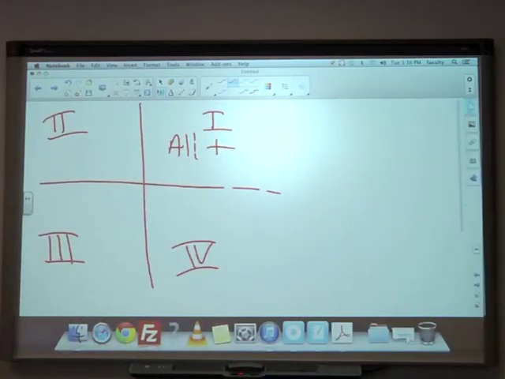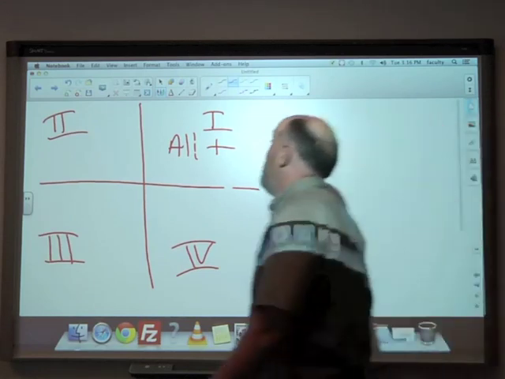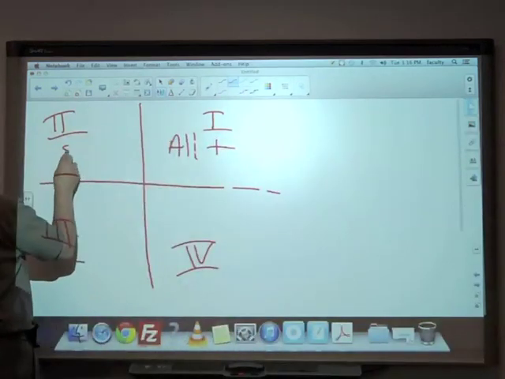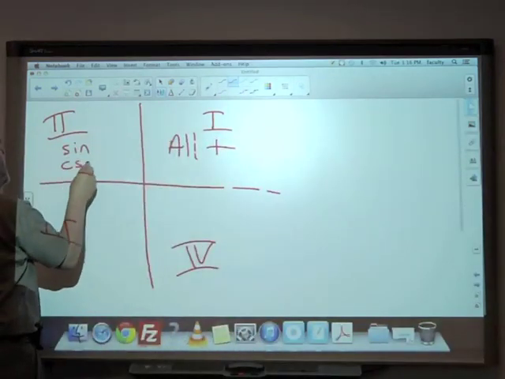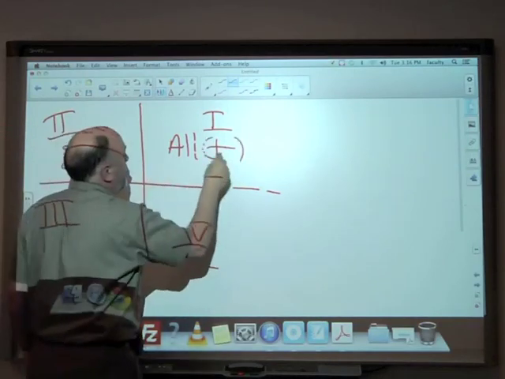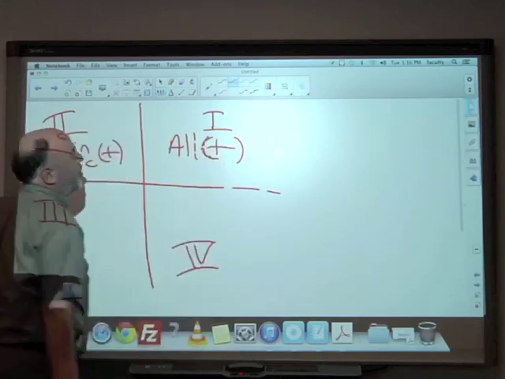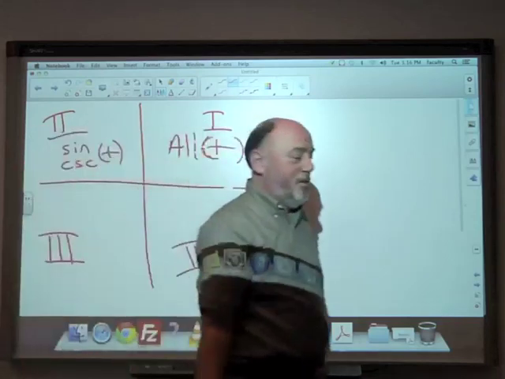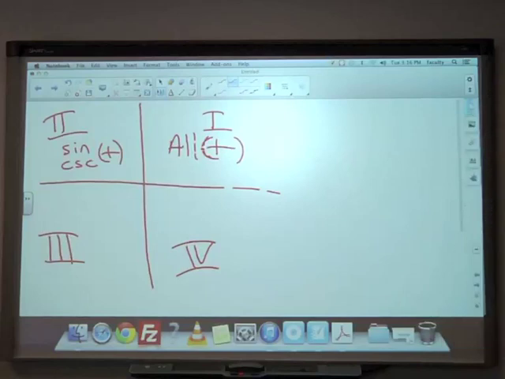In quadrant 2, which trig functions are positive? Y and R. Sine and cosecant, right? So in terms of trig functions, sine and cosecant are positive in quadrant 2. In quadrant 3, which trig functions are positive? Are they all negative? Nope. Because the x and y.